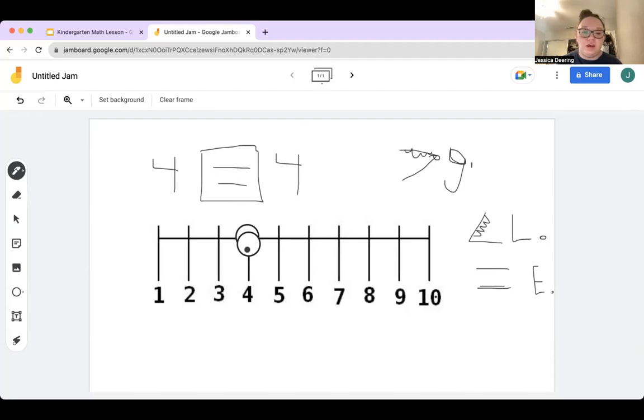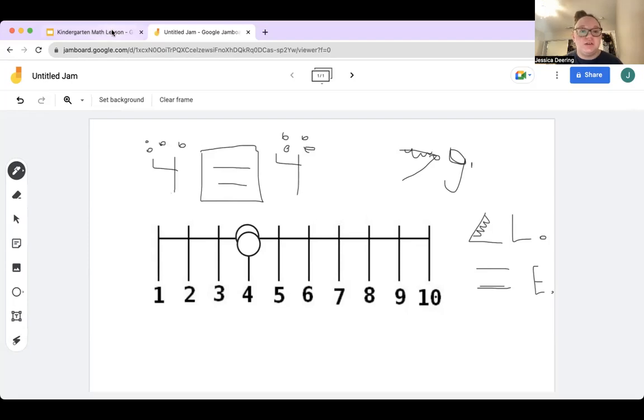Because we have both counters on the number 4. We have 4 dots. Can we draw 4 dots? Ready? 1, 2, 3, and 4 dots on that side. And we have 1, 2, 3, 4 dots on this side.